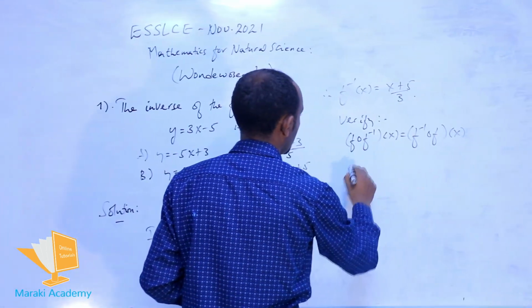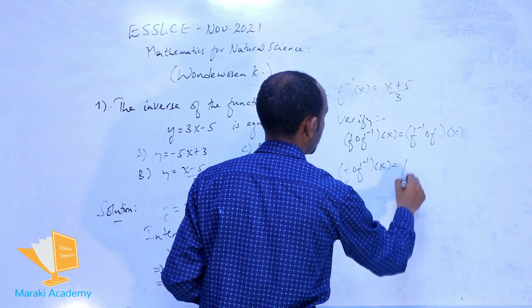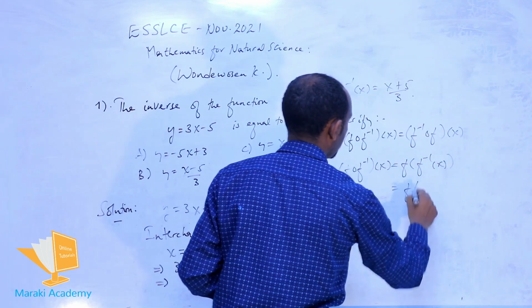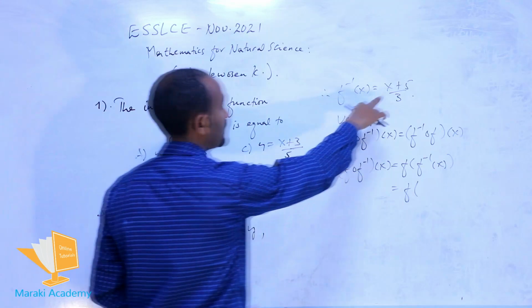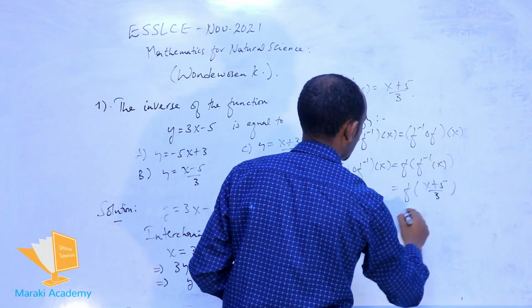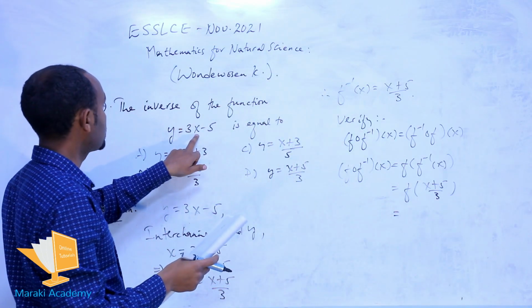So f of f inverse of x, where f inverse of x is (x plus 5) over 3. So in place of x, we replace (x plus 5) over 3.